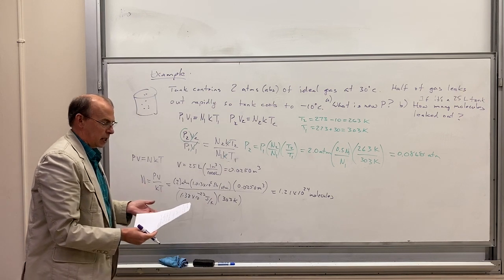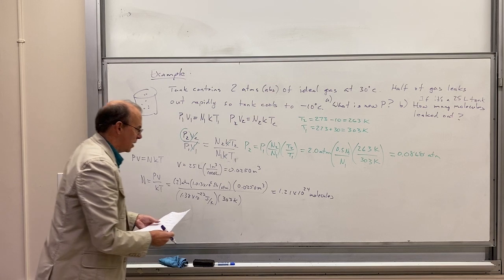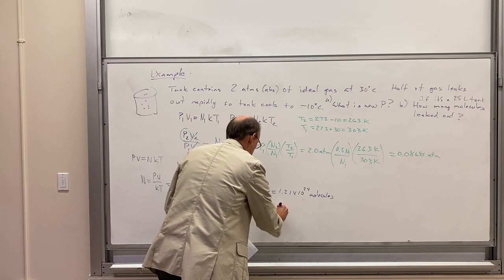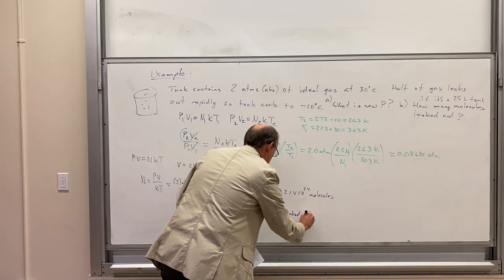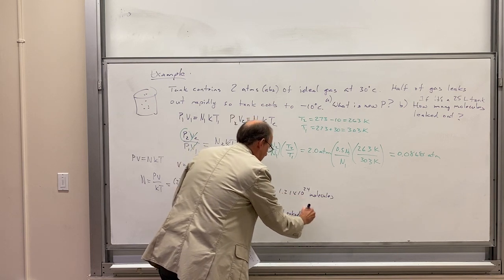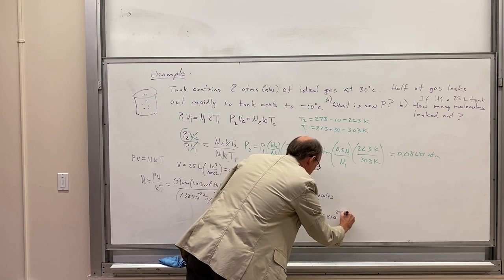So that's how many I had in the beginning. Half of those leaked out. So the number that leaked is 0.605 times 10 to the 24 molecules.